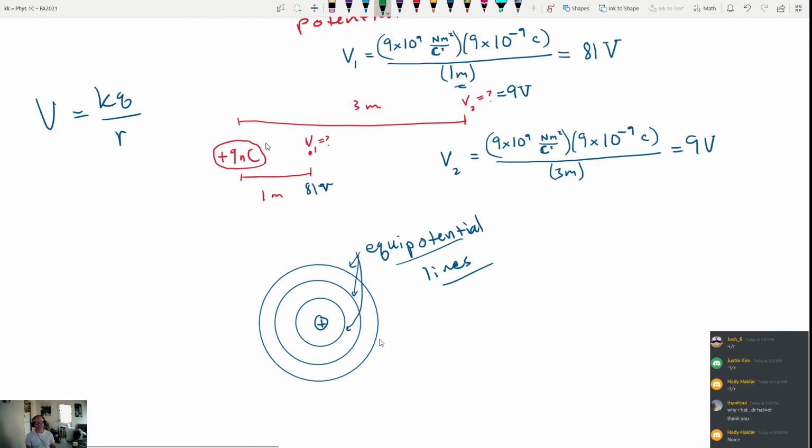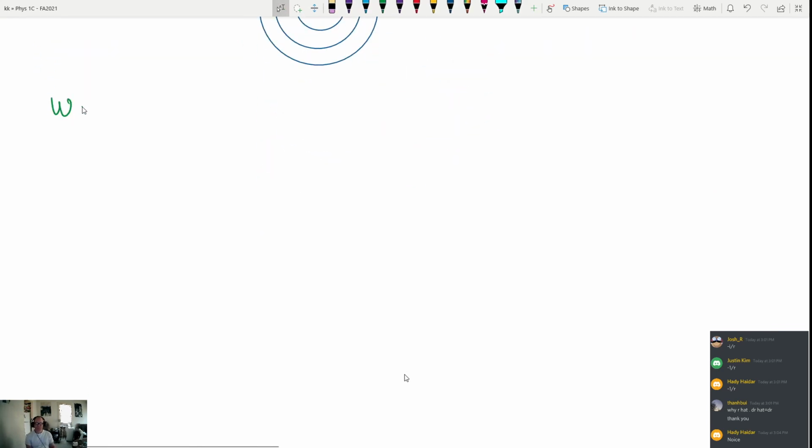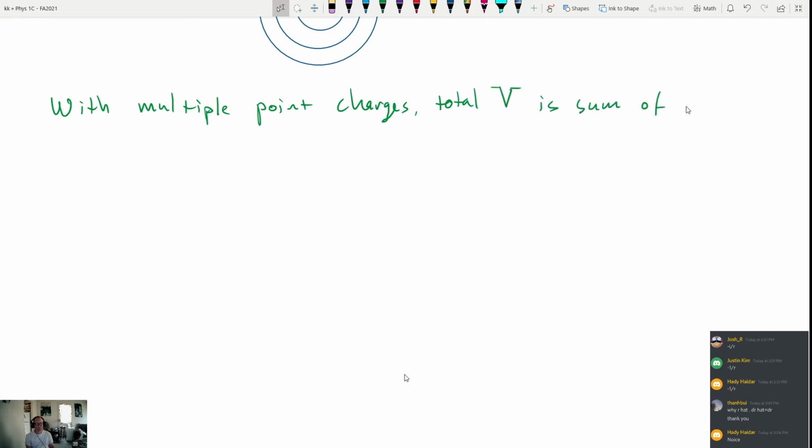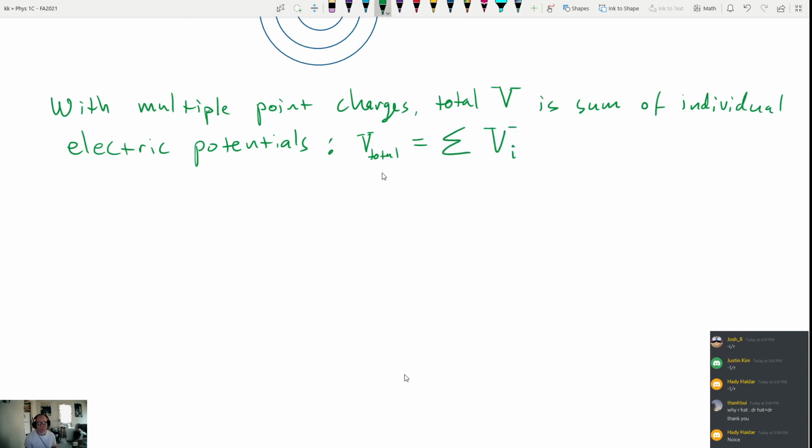When you have multiple point charges, so if you have n point charges, then the total electric potential you get by just adding up all the individual electric potentials.